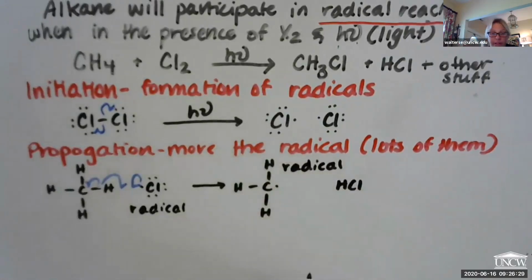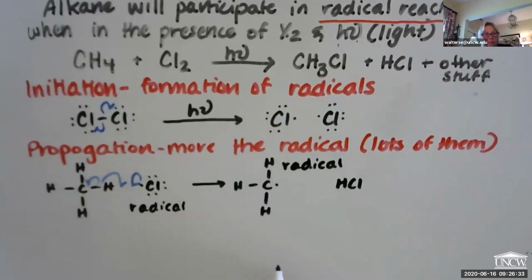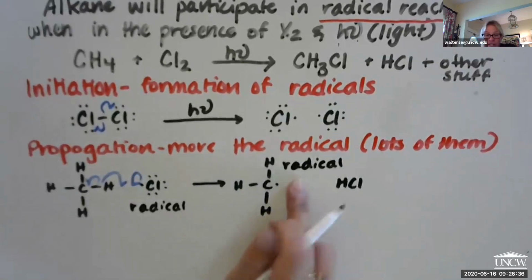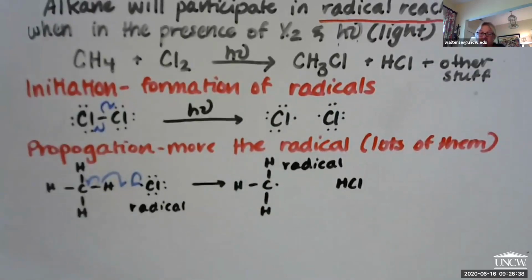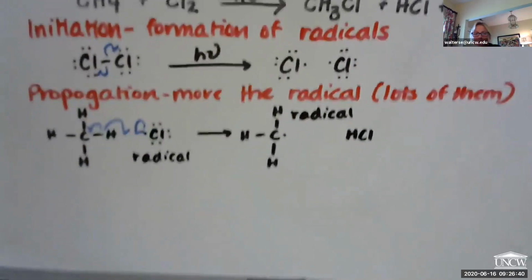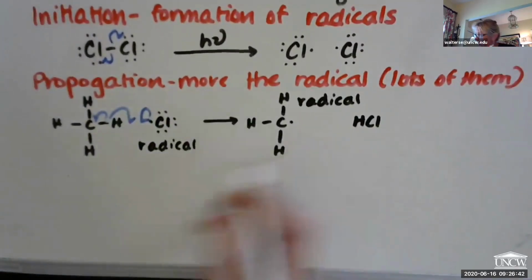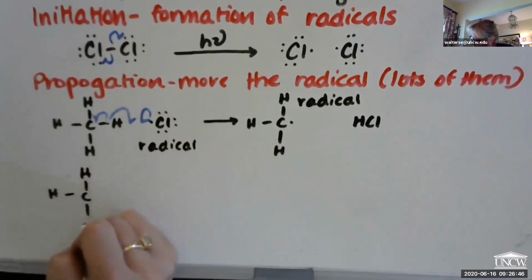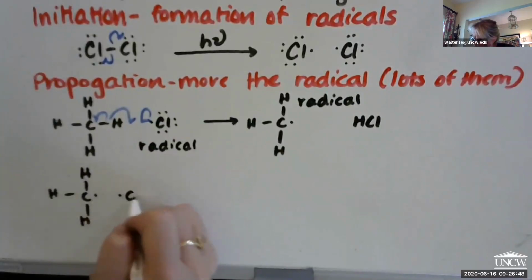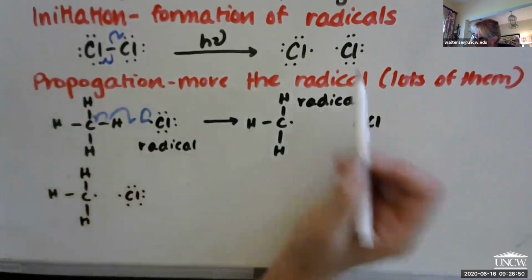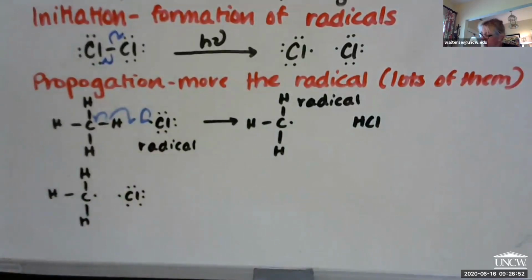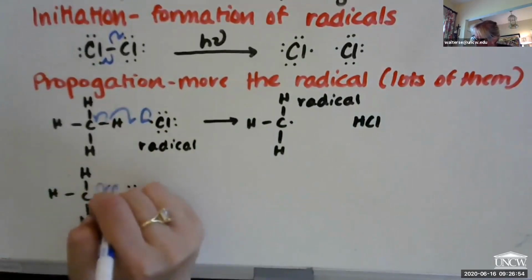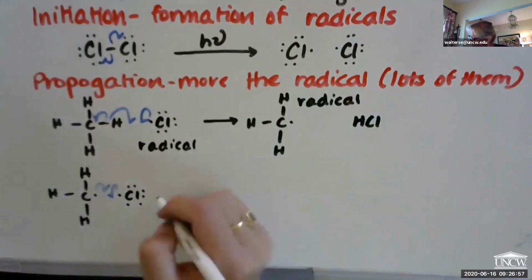So you have a methyl radical here. Now what this radical does next is unpredictable. This radical, if you're lucky, just finds the second chlorine radical and you make a product.